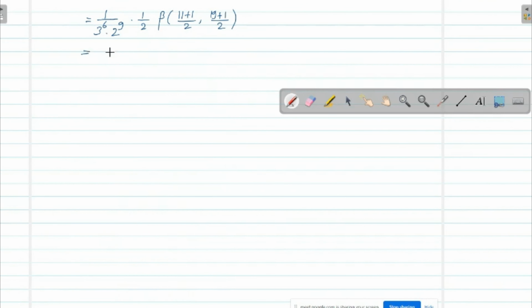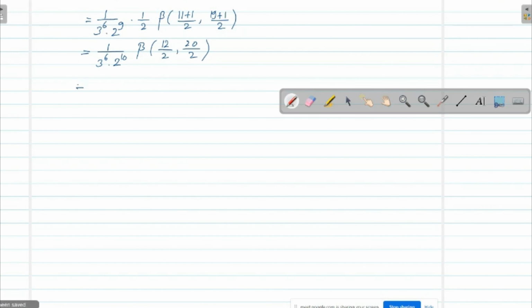Just again simplify: 1 upon 3 raised to 6 into 2 raised to 10 power, and into beta of that is 12 by 2 into 20 by 2.